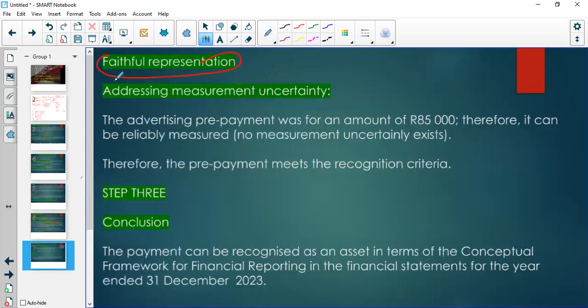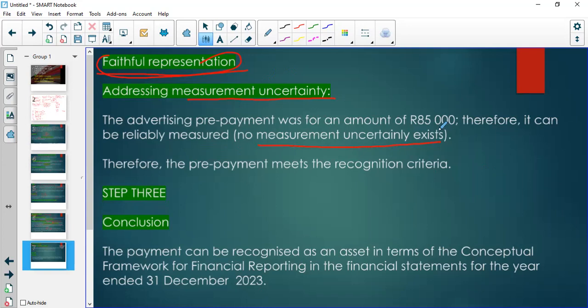So when we come to faithful representation, it deals with one thing, which is measurement uncertainty of the chosen benefit. But the benefit we have here does not have a measurement uncertainty because, remember, there were two potential benefits, right?